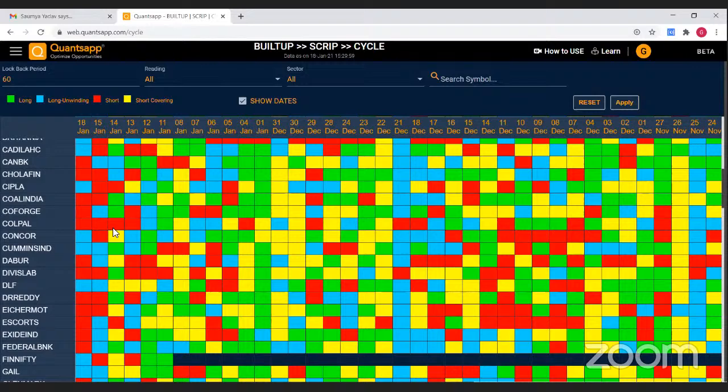Here I can see the stocks that have been falling through a series of build-up over the days.